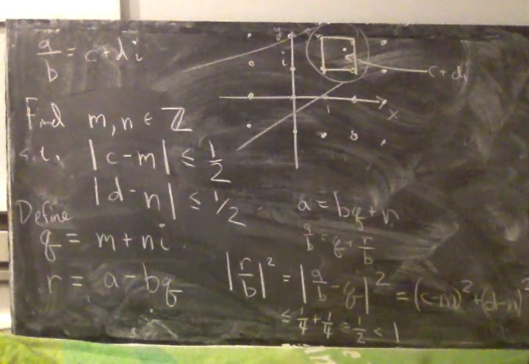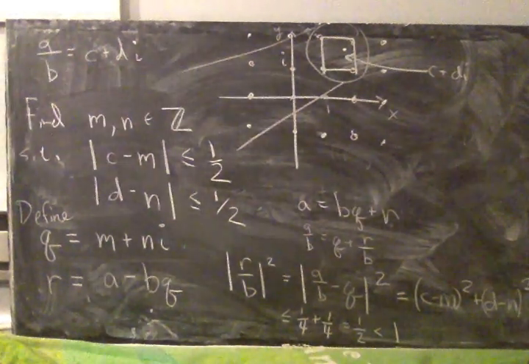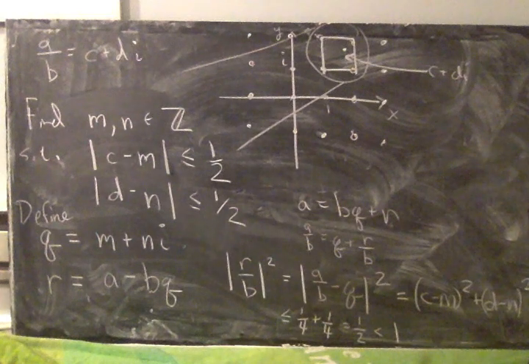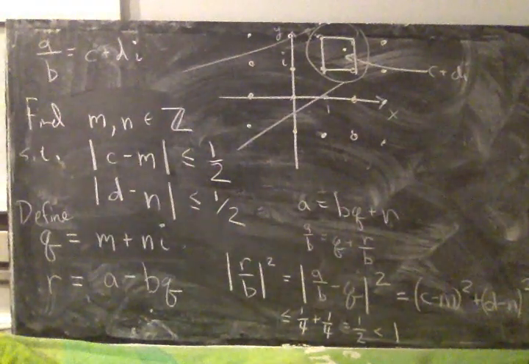Okay, so that's how you do the division algorithm in the Gaussian integers. You just divide your Gaussian integers as complex numbers and then find a Gaussian integer which is closest to that complex number, and then the difference is essentially the remainder.